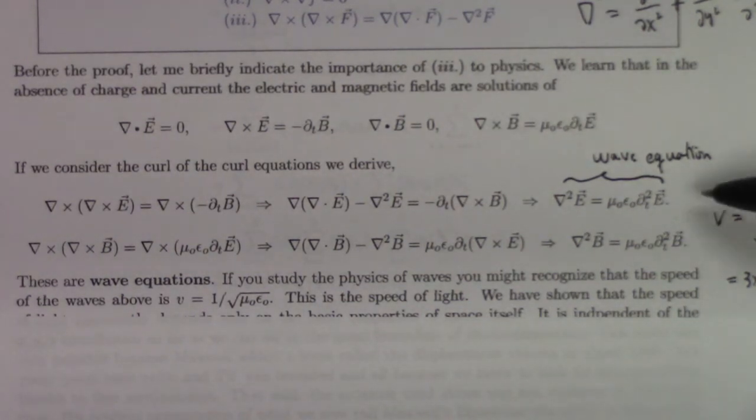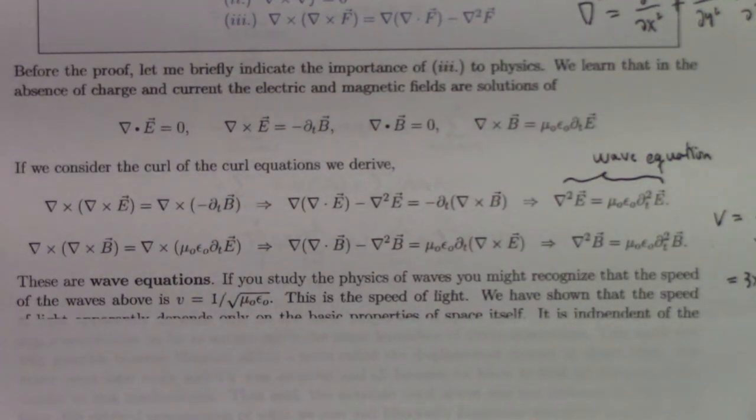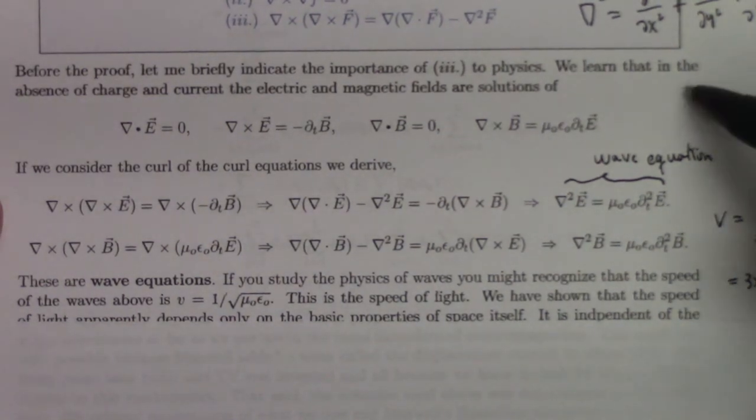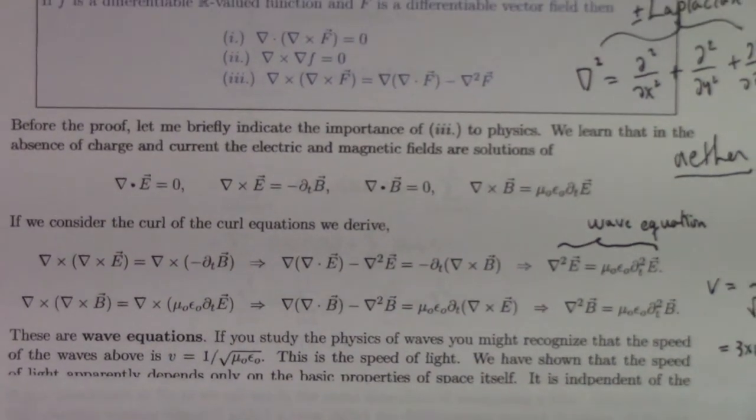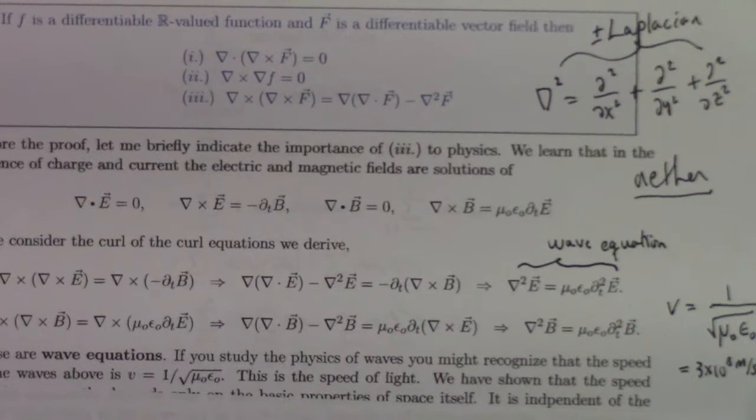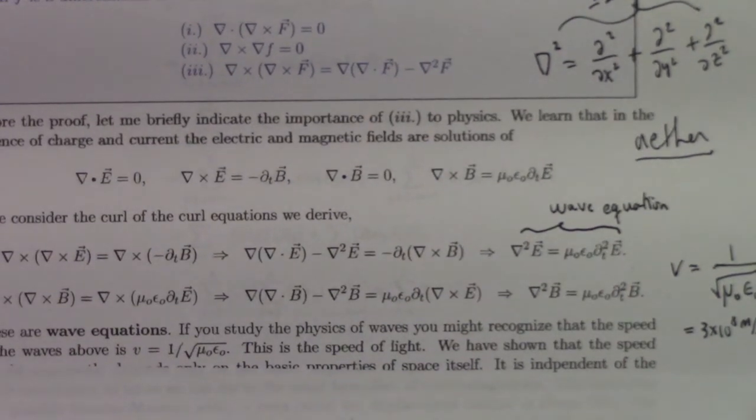That speed of light depends just on the properties of space itself, namely the permeability and permittivity of space. This is shocking, because this is what made people think there was something called ether. The luminiferous ether was something we searched for back in the 19th century.